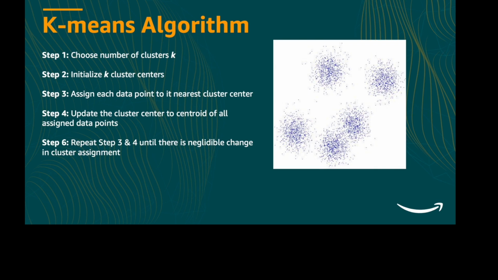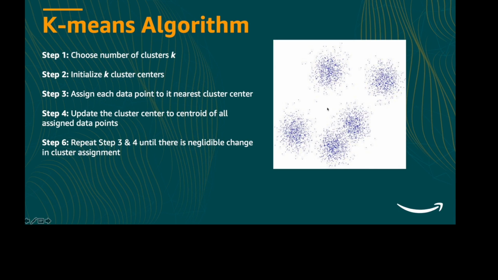Initially we don't have any cluster centers, so we initialize them randomly. Say if your data is 10 dimensional and k is 5, then you randomly initialize five 10 dimensional vectors, and that will be your 5 cluster centers.